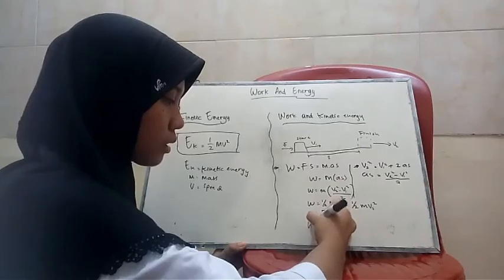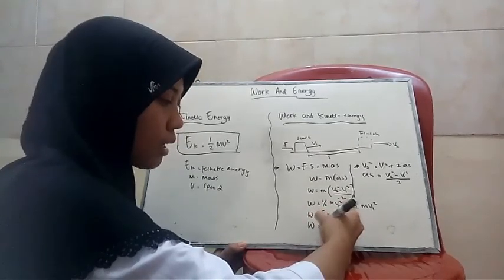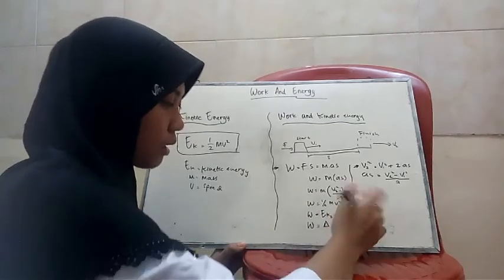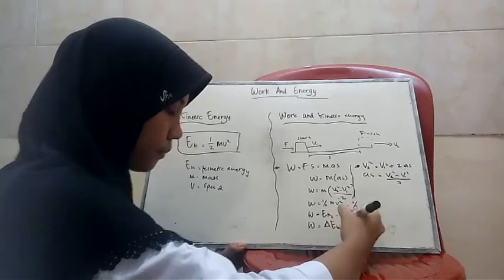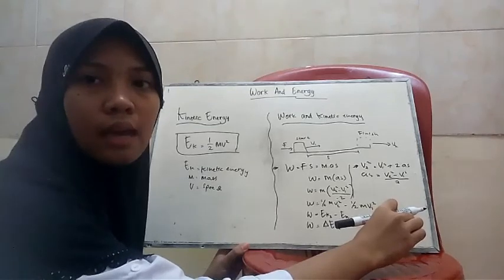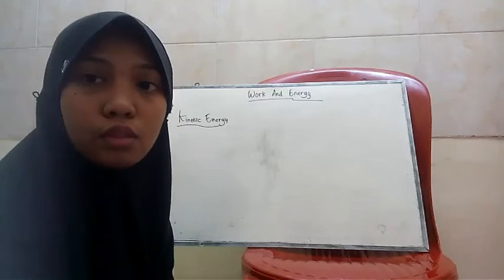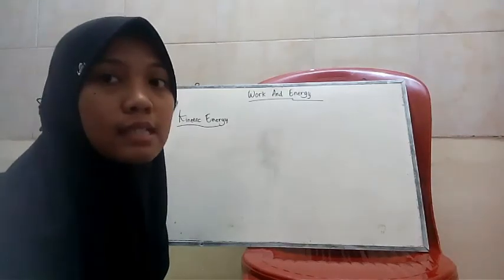So W or work equals delta kinetic energy. This is the relation between work and kinetic energy. Okay, next I want to give you a simple example.